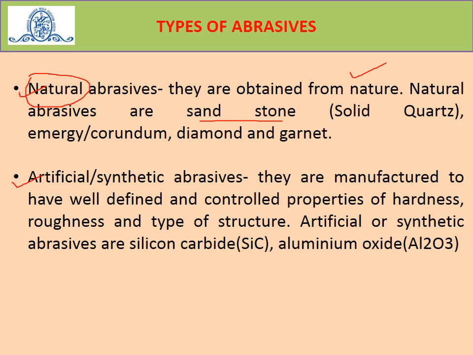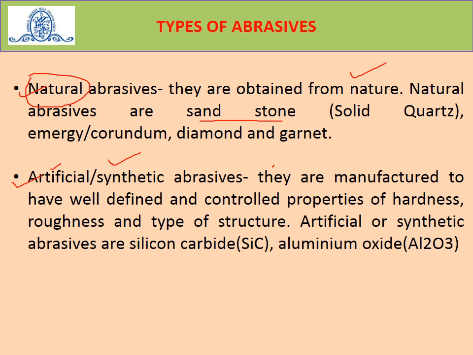Next one is the artificial or synthetic abrasives. These are man-made abrasives, manufactured as per the requirement of the grinding wheel. They are manufactured to have well-defined and controlled properties of hardness, roughness and type of structure.